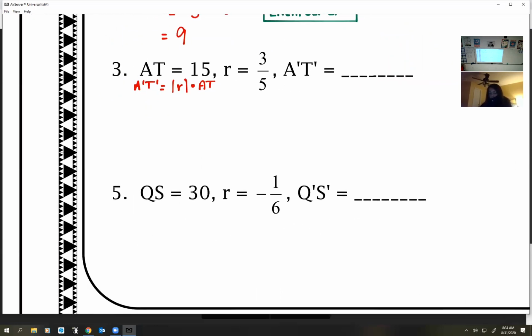We know R is 3/5. What else do we know? AT is 15. And we're trying to solve for A prime T prime. First off, what's the absolute value of 3/5? It's just going to be 3/5.